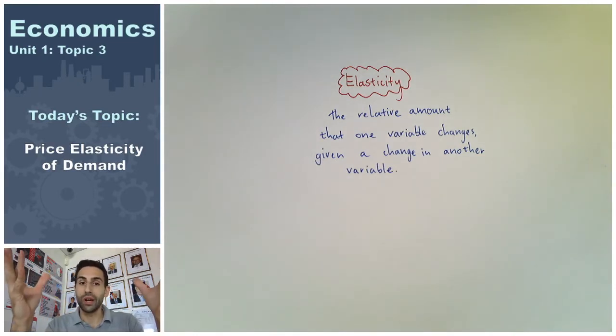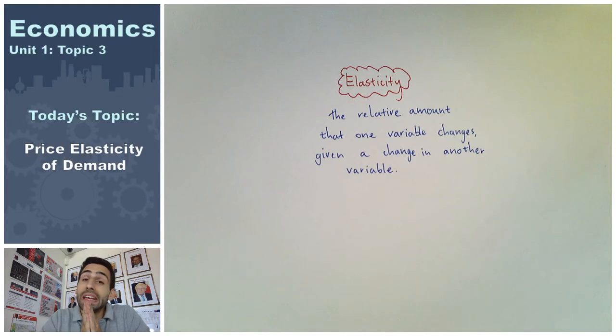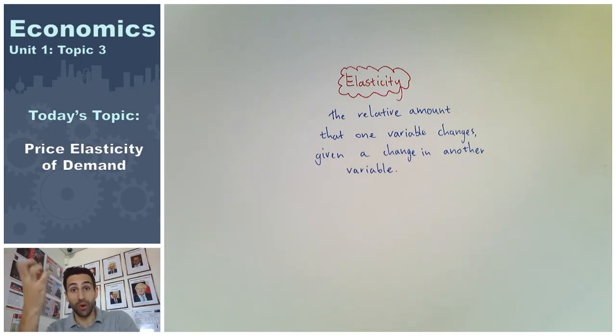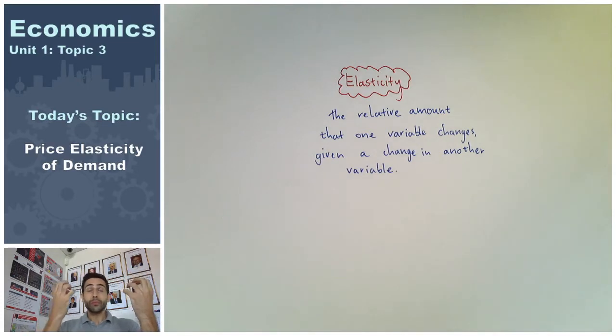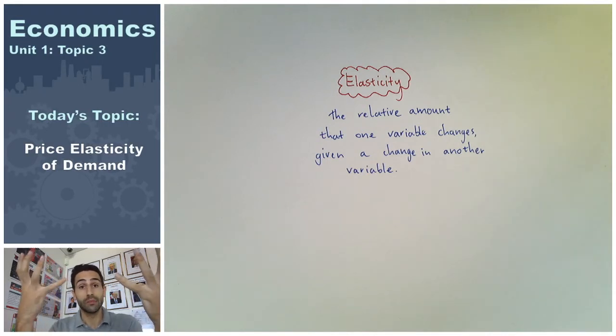What does that mean for us? Well, we can talk about elasticity of demand in the sense that when price changes, see, that's one variable, price. When price changes, that brings about a change in quantity demanded. Okay, so if we think about the law of demand, there's an inverse relationship between price and quantity demanded.